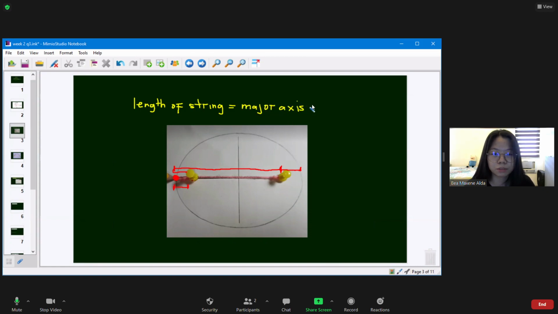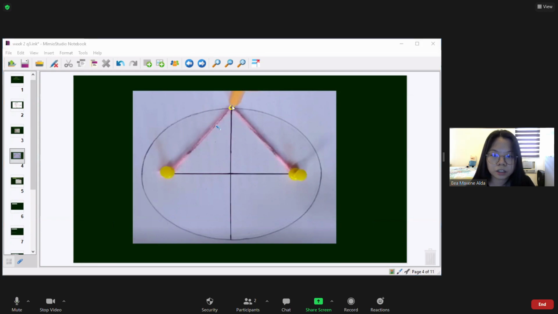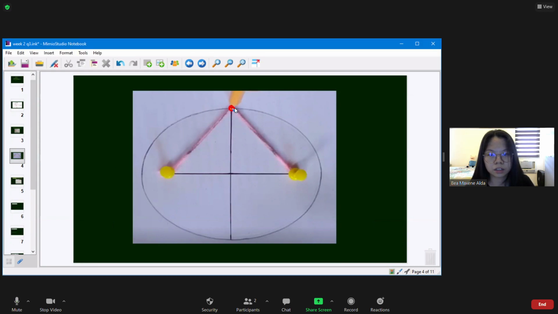And of course, our major axis is defined as 2a, right? So, now if we put the tip of the pen over here, position right there. Mahati yung major axis, correct? So, from 2a, magiging a na lang.